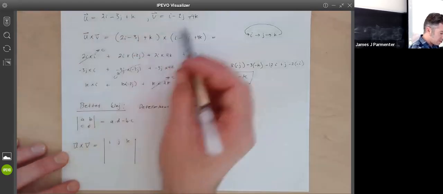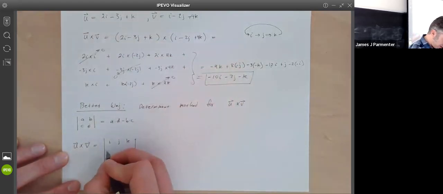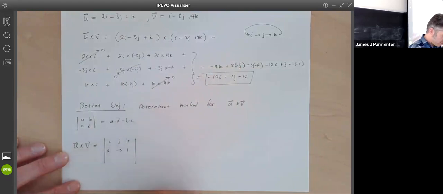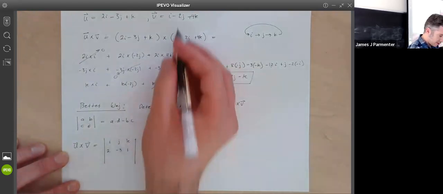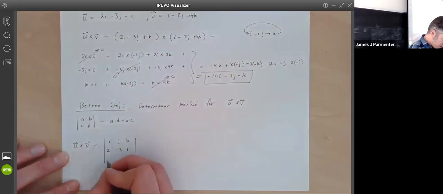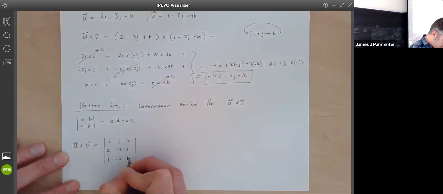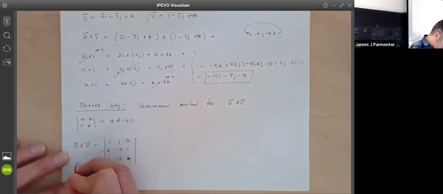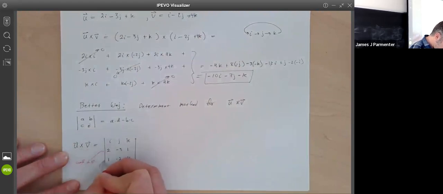I'm still using the same u and v. So the coefficients of u are 2, -3, 1. And then in my third row, the coefficients of v: 1, -2, 4.